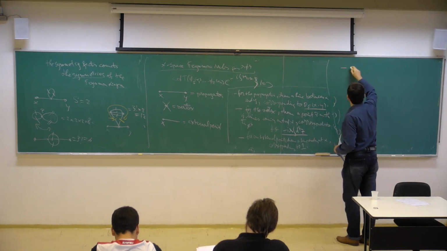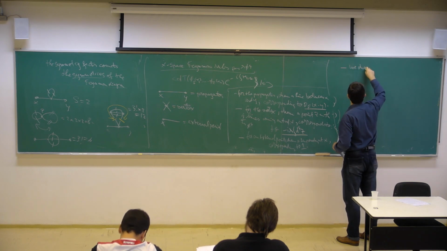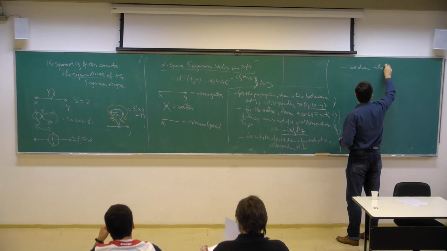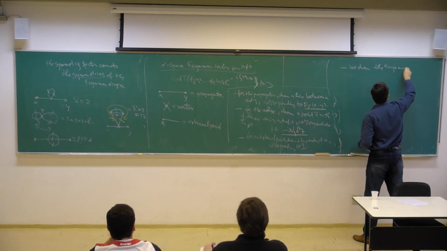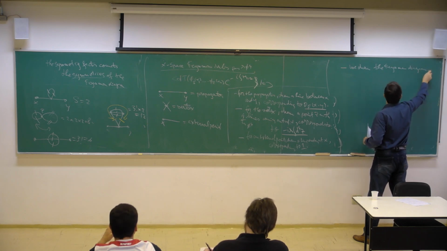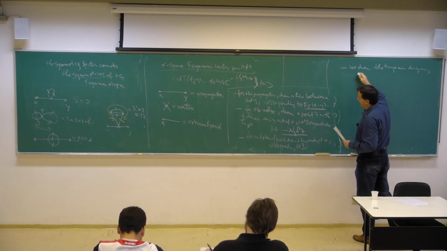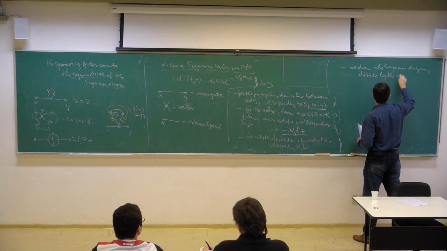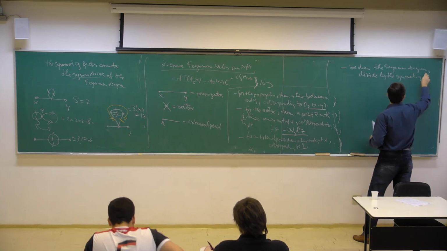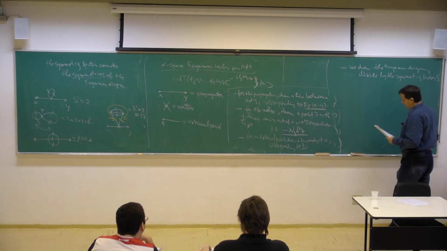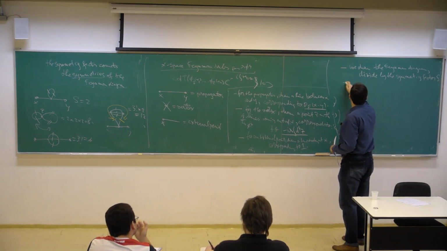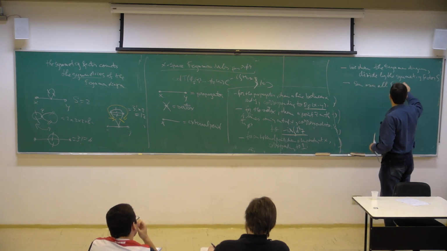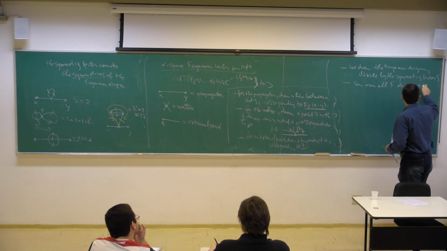We draw the Feynman diagram, and then divide by the symmetry factor, that we call S. And then sum over all diagrams at the given order in lambda.